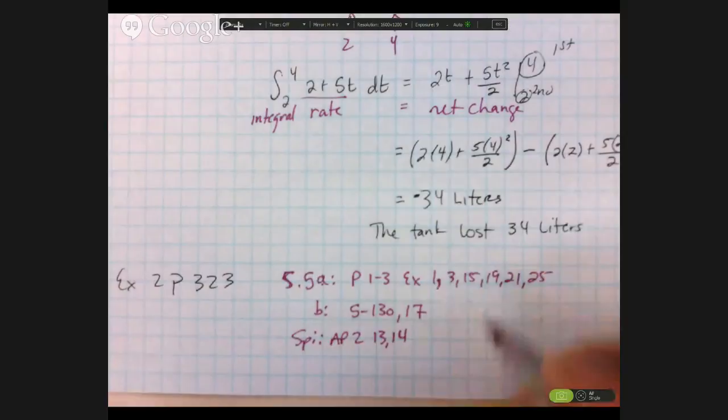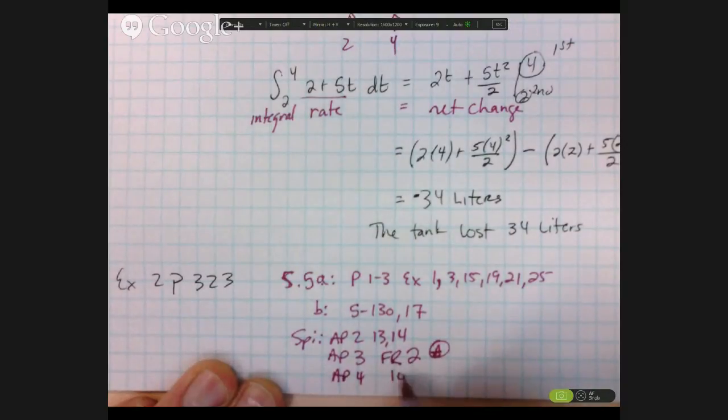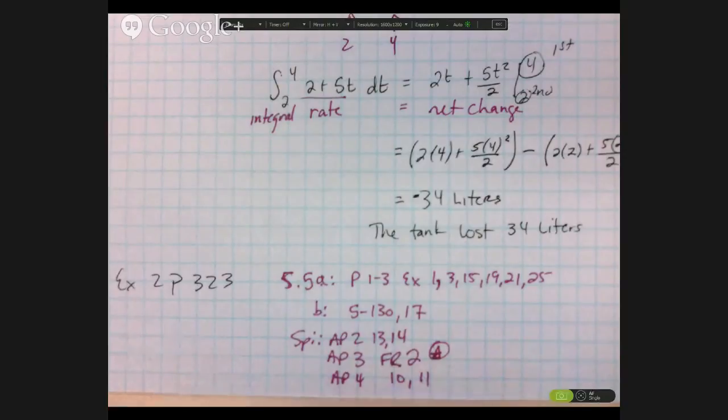No, it's a comma. There's that free response. This is going to be due on Thursday. Please try some tonight. We'll have more examples tomorrow.